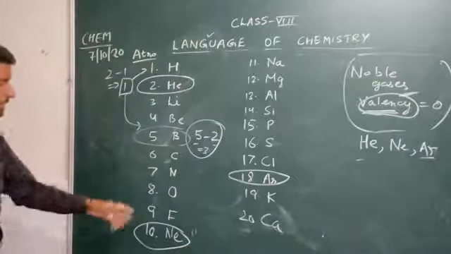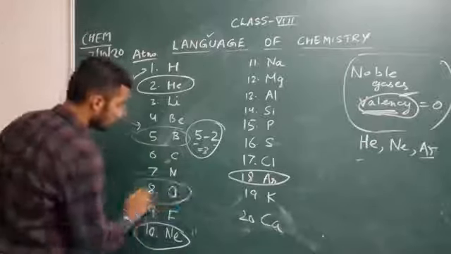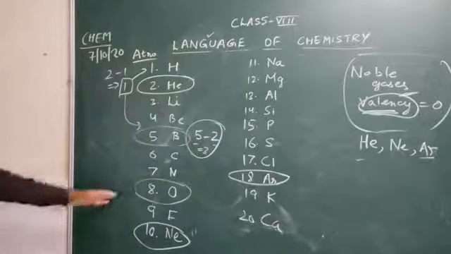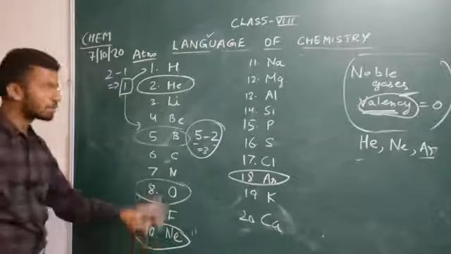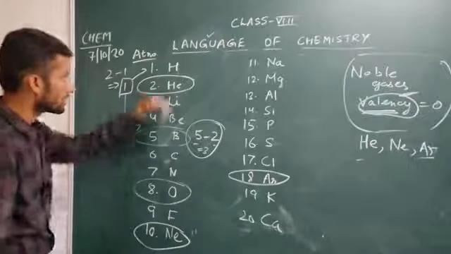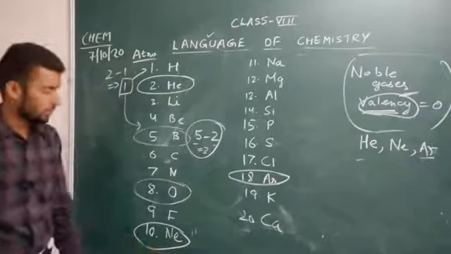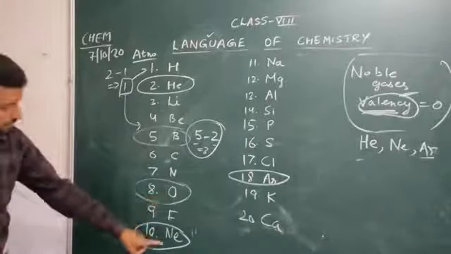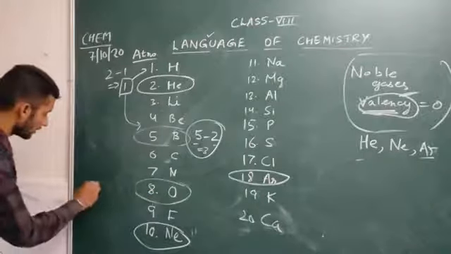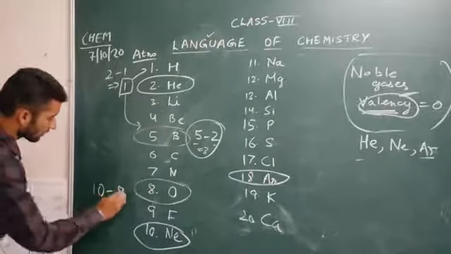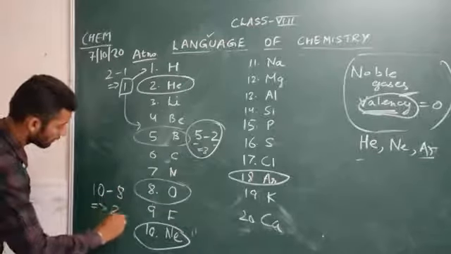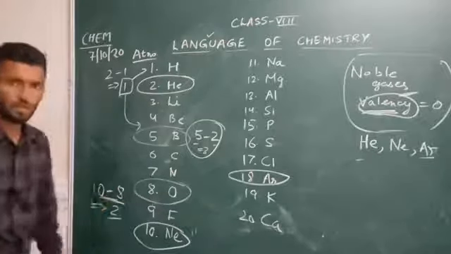Clear? Similarly, if you want to find the valency of oxygen, oxygen is near to neon, so we see the difference with respect to neon. Here it is 10 and here it is 8. So 10 minus 8 gives you the valency, which is equal to 2. Clear?